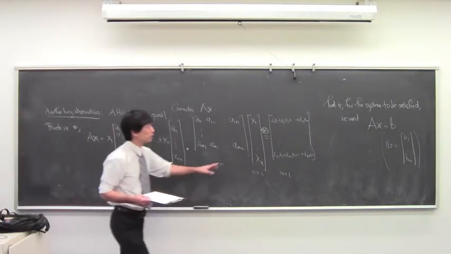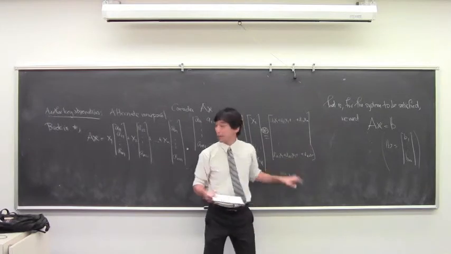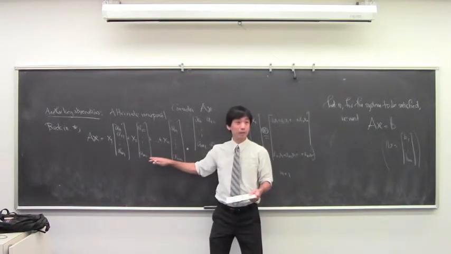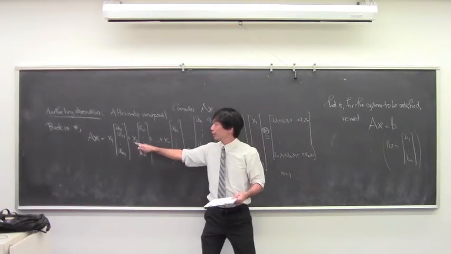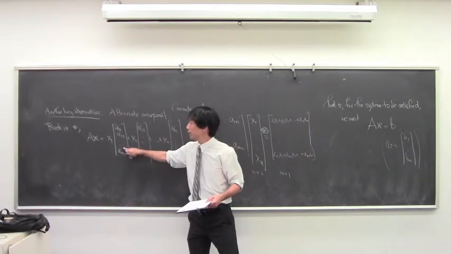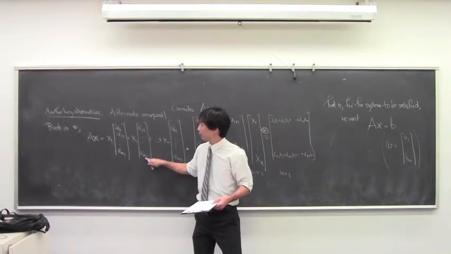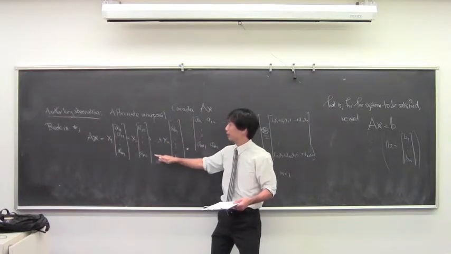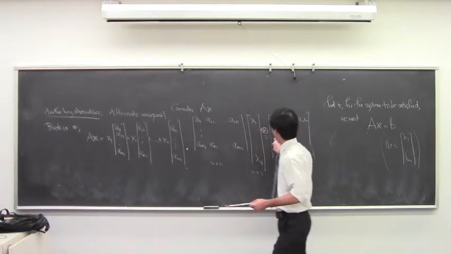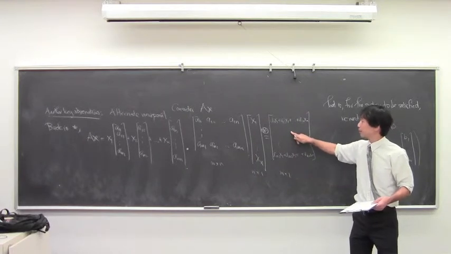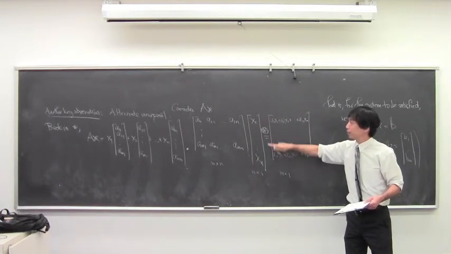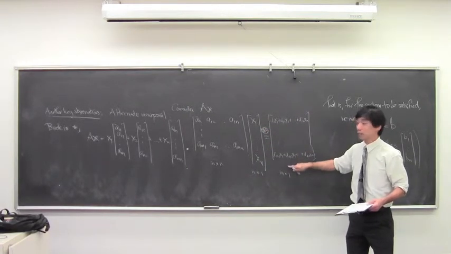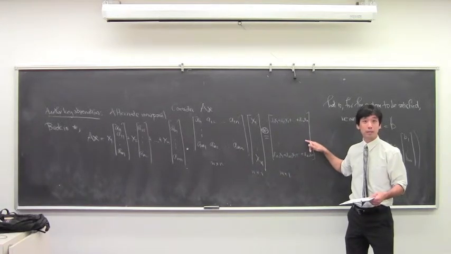If we look at the right-hand side here, that's the same thing as what I've written here. If I take x1 and multiply this vector by it, take x2 and multiply this vector by it, and so on, up to xn and multiply this vector by it, and I add all that together, this is what I get. Because I've got x1 times the first column of A, x2 times the second column of A, et cetera.